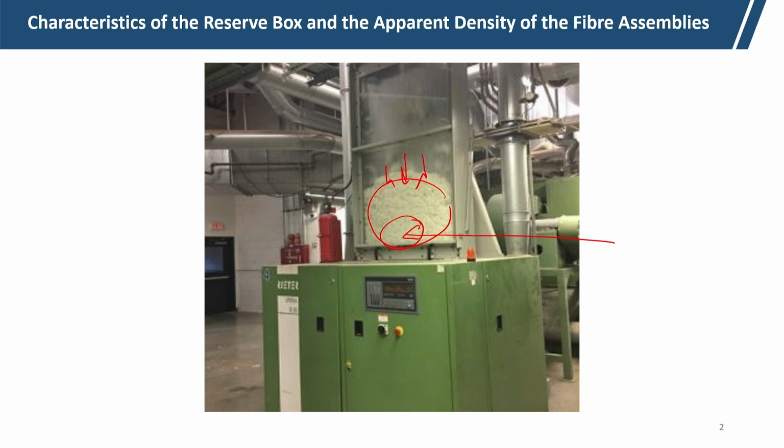So, apparent density increases at the lower section due to the load applied by the top layers. So, in the reserve box we must store the material, at the same time it affects the apparent density of fiber assemblies. So, that we will theoretically calculate.